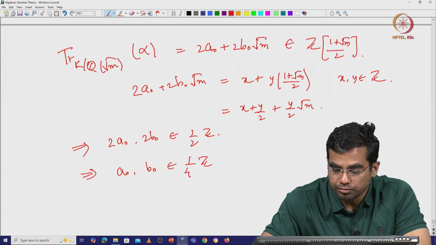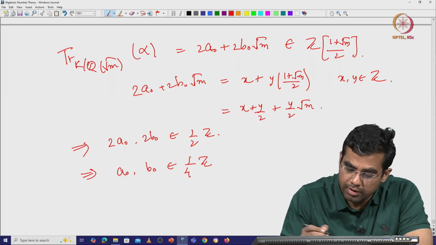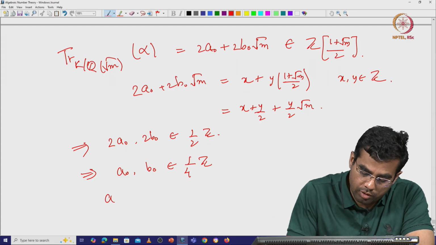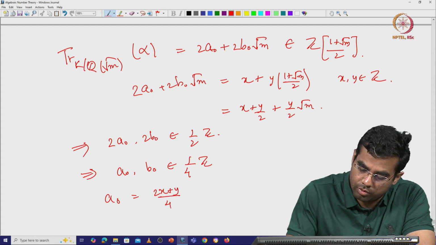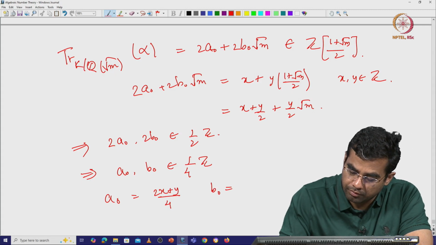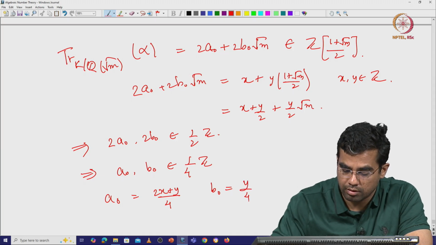Okay. Furthermore, you have a more concrete relation. This is (2x + y)/4, and b0 is y/4, right.